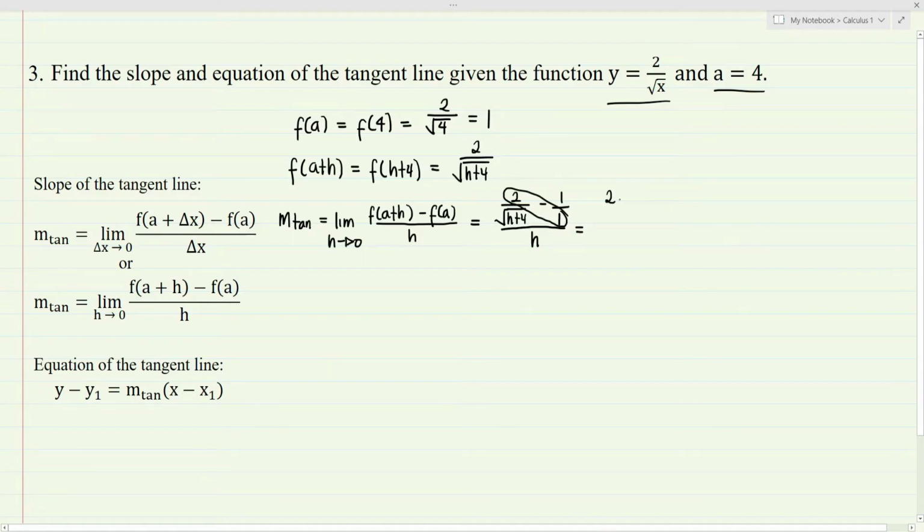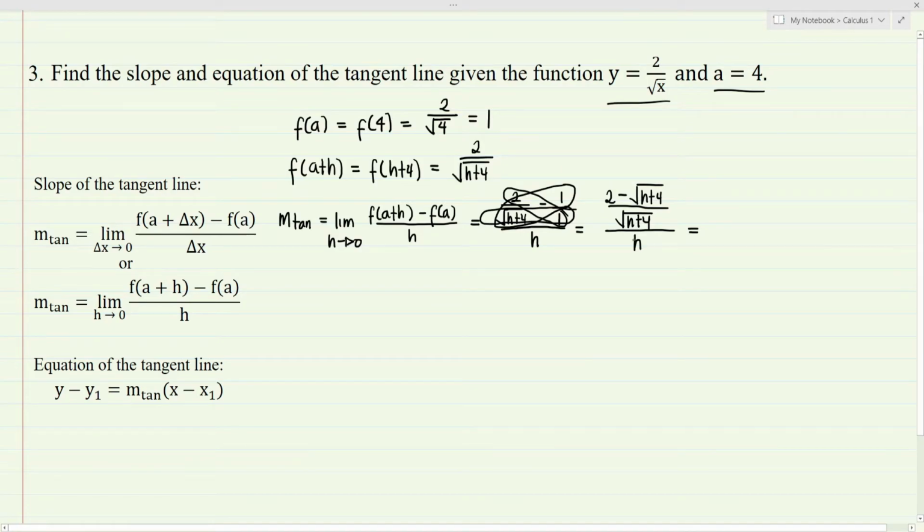I would have here 2, copy the operation. And then next, multiply this 1 and square root of h plus 4. And that will be square root of h plus 4. Then divide it by the product of the denominators. And that will be square root of h plus 4. Then all over h. We have here division of fractions.